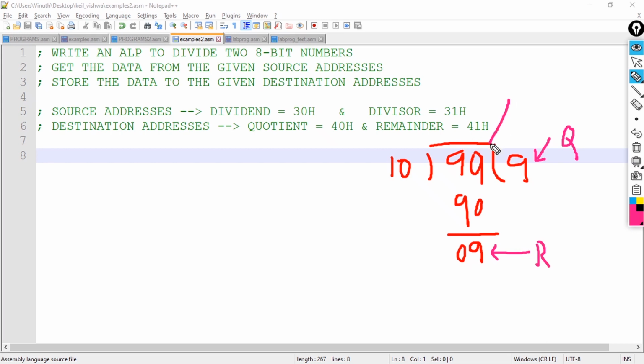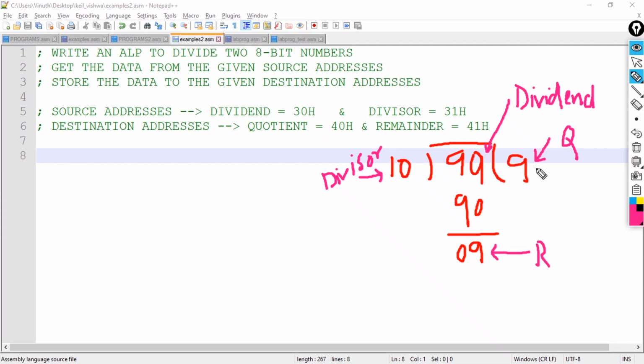And this is going to be the dividend, the number which we want to divide, and this is going to be the divisor.